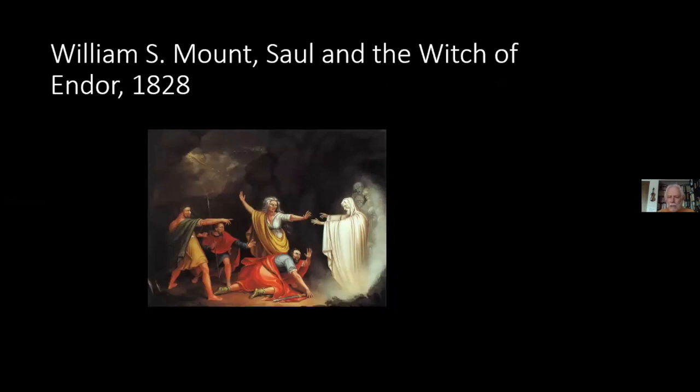William Sidney Mount, I think I'm just showing you this one work. Again, Saul and the Witch of Endor, the subject which we've seen already. Here we see Saul pointing to the witch and someone else realizing what's going on and looking horrified at what is occurring.